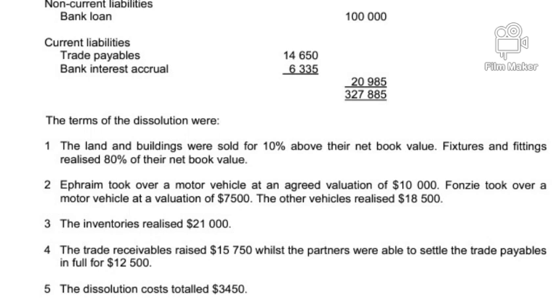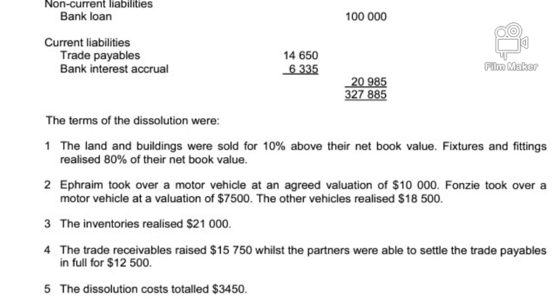Also, when dissolving the partnership, there may be involvement of lawyers, which also needs to be paid. So the aggregate expenses are represented by the dissolution cost account. So dissolution cost is a payment which must be recorded under the payment heading.